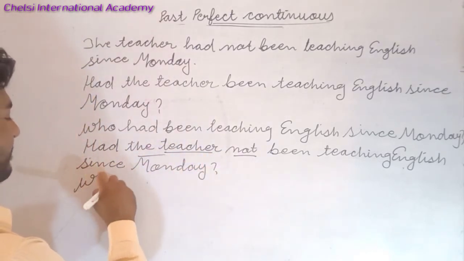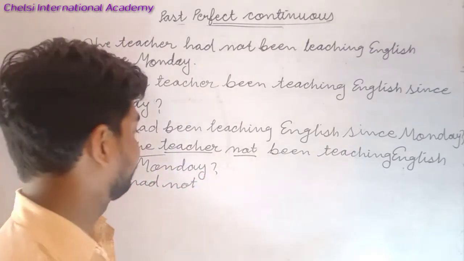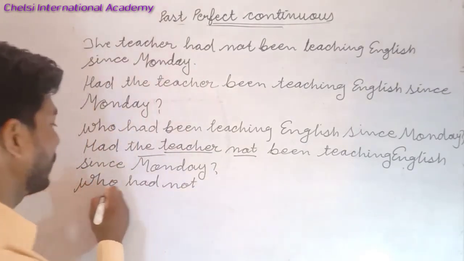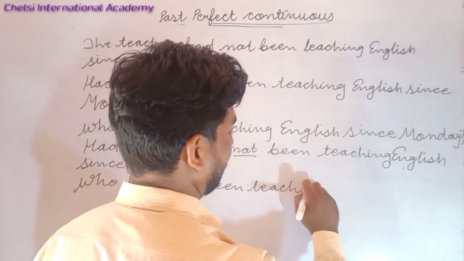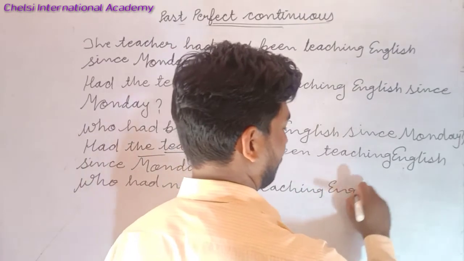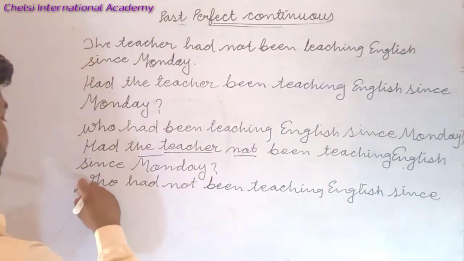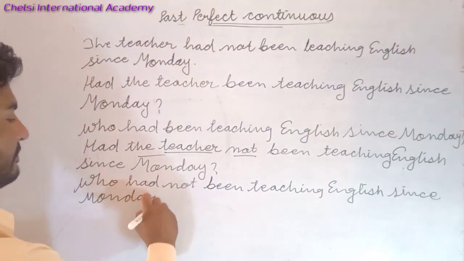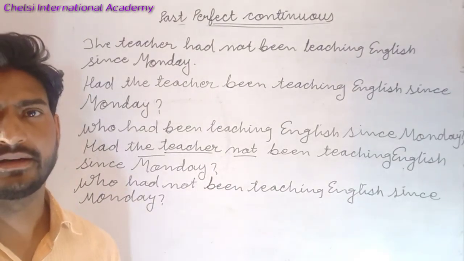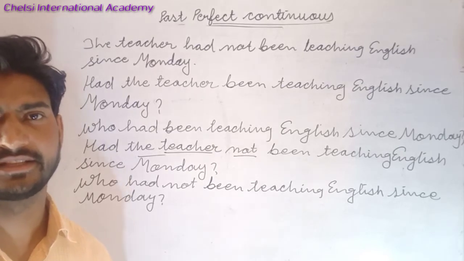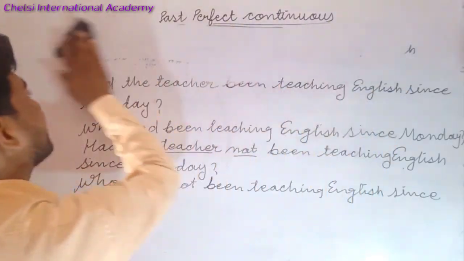Who had not been, कौन नहीं पढ़ा रहा था, सोमवार से अंग्रेजी कौन नहीं पढ़ा रहा था, who had not been teaching English since Monday, interrogative sign. In this way we have seen the translation of this sentence. Okay, let's discuss the further point, the uses of this tense.